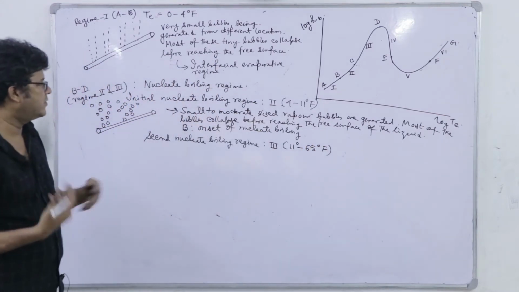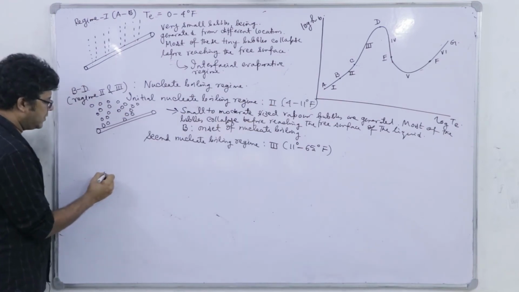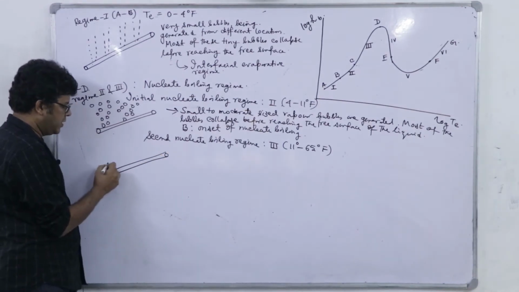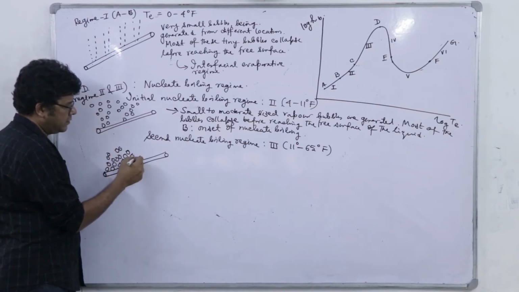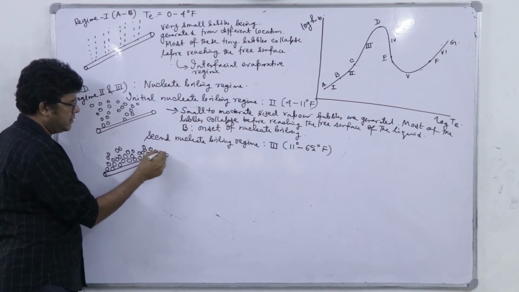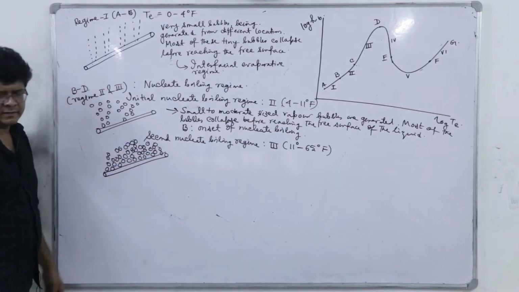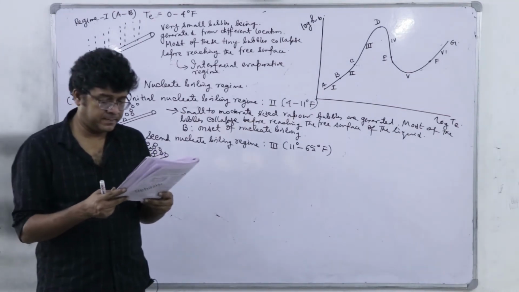So, excess temperature increases, and here the bubble generation is much more vigorous. So, over the entire surface nearly of this solid, the bubbles are being generated, right. They move up in the form of columns like this. So, what are the characteristic or salient features?